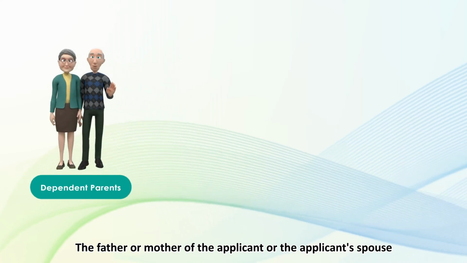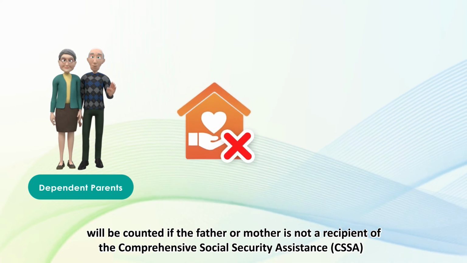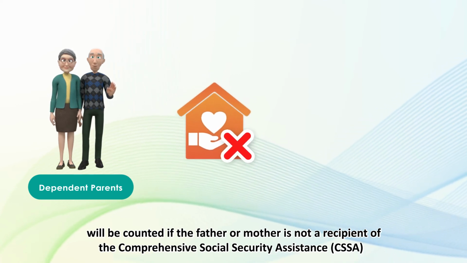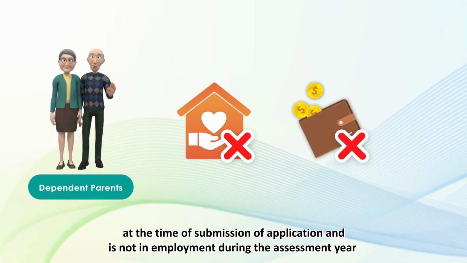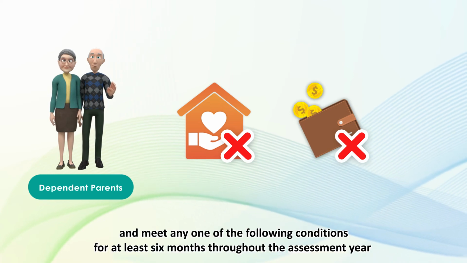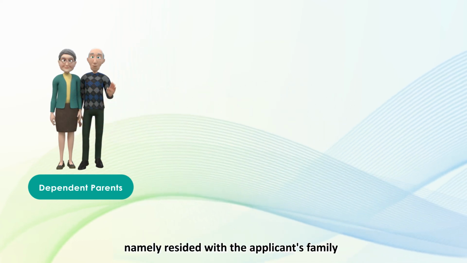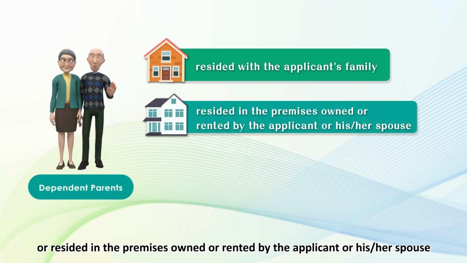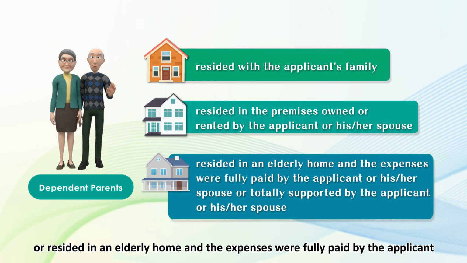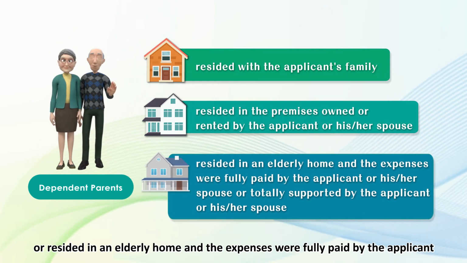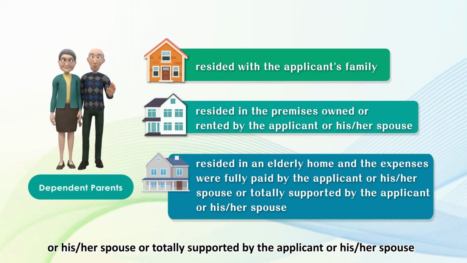The father or mother of the applicant or the applicant's spouse will be counted if the father or mother is not a recipient of the Comprehensive Social Security Assistance, CSSA, at the time of submission of application and is not in employment during the assessment year, and meet any one of the following conditions for at least 6 months throughout the assessment year, namely, resided with the applicant's family or resided in the premises owned or rented by the applicant or his or her spouse, or resided in an elderly home and the expenses were fully paid by the applicant or his or her spouse, or totally supported by the applicant or his or her spouse.